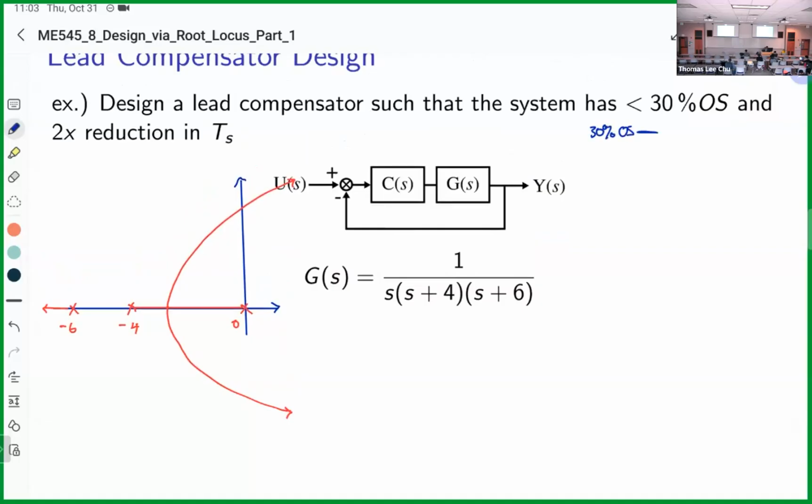I wrote the equation in the previous example, so I'm not going to write it out again. Of course, 30% overshoot corresponds to a damping ratio of 0.358. So then we're looking for the constant damping ratio line somewhere here, where zeta is equal to 0.358 along this line.